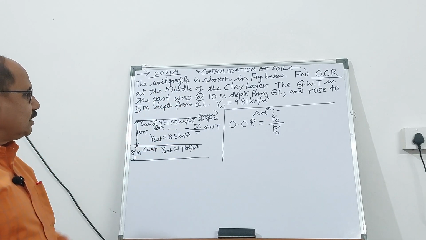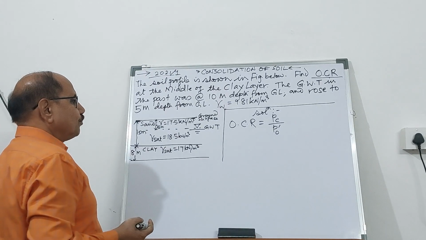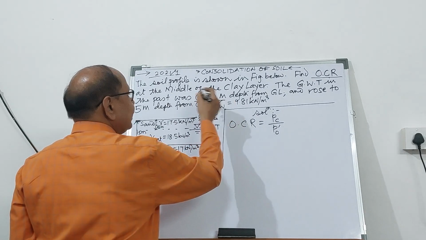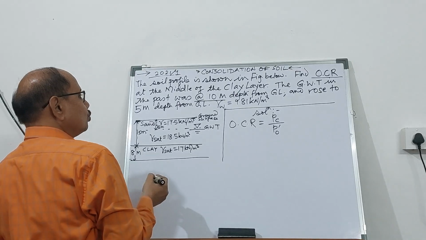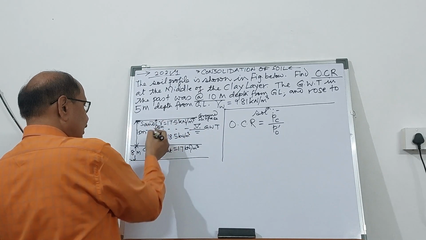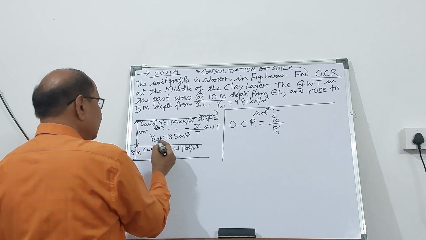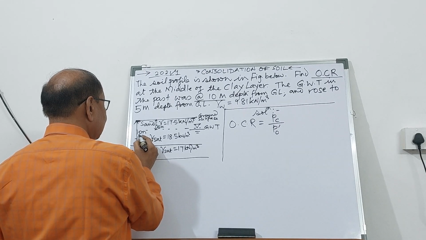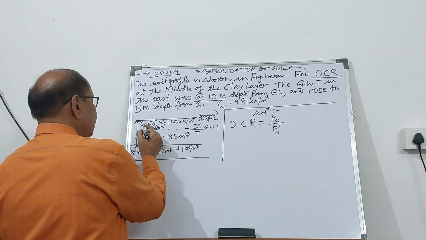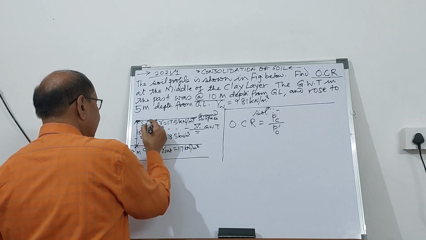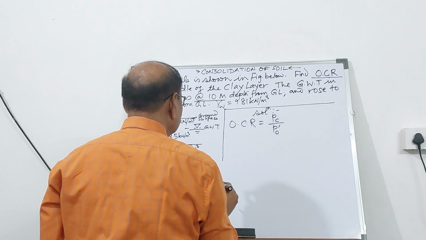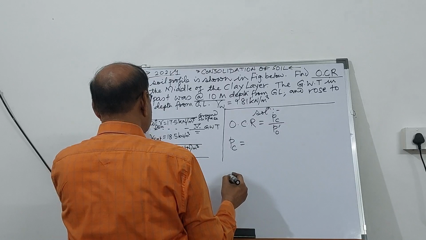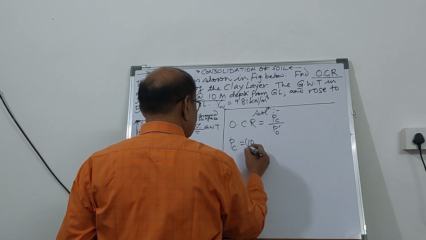So first calculate Pc, the pre-consolidation pressure, because the water table in the past was at 10 meter, which has risen to 5 meter as shown over here. So Pc will be, Z was 10 meter water table.